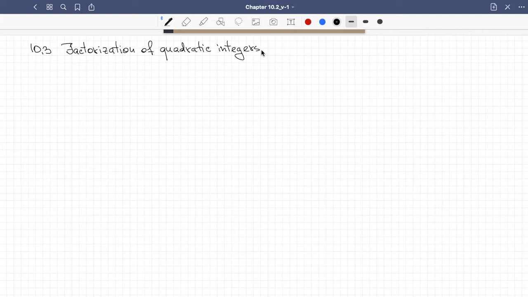Our goal here is to primarily observe how the uniqueness clause in the fundamental theorem of arithmetic may fail.